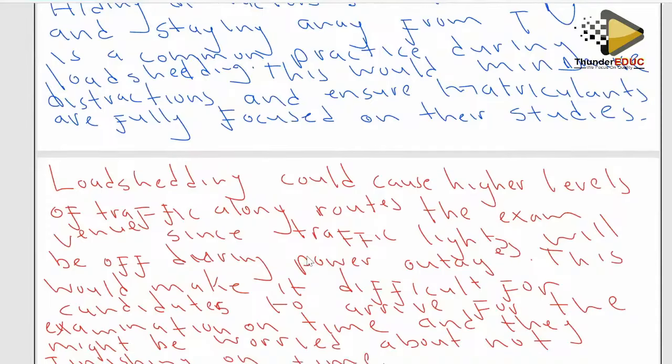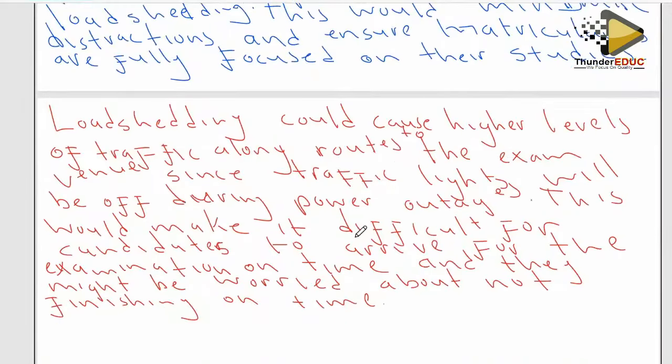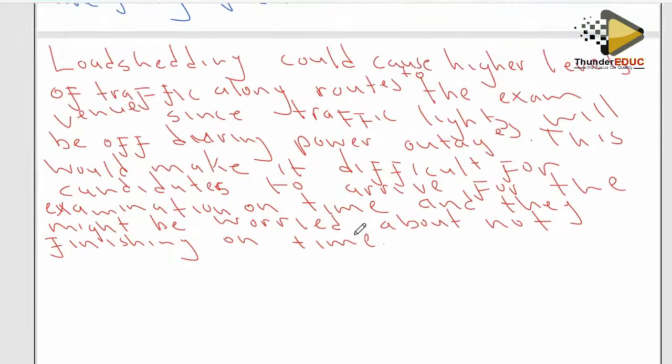Load shedding will cause higher levels of traffic along routes to the examination venue. Since traffic lights will be off during power outages, this would make it difficult for candidates to arrive for the examination on time, and they might be worried about not finishing on time.